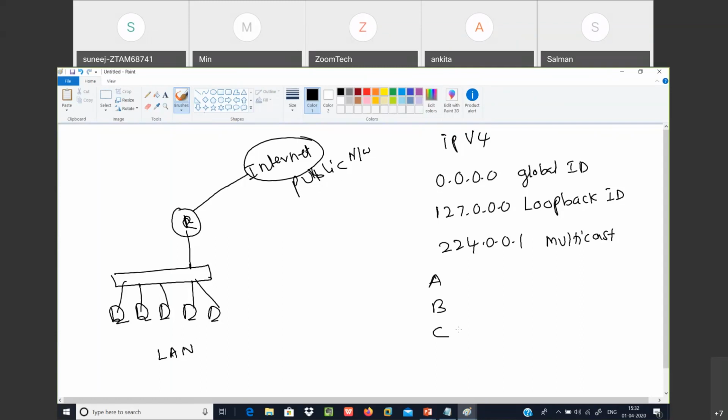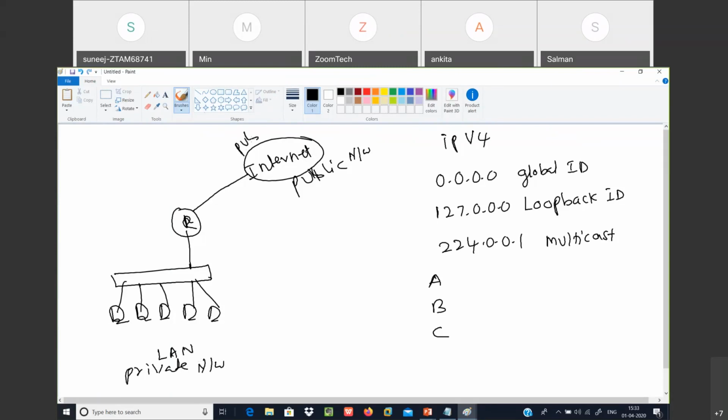The name itself is saying that. For example, within your LAN, or within an office, within an organization, we use private IP addresses. And public IPs are used in a public network, which is the internet. The internet is a public network.